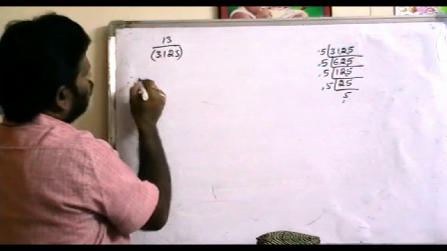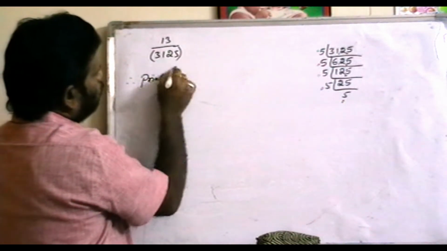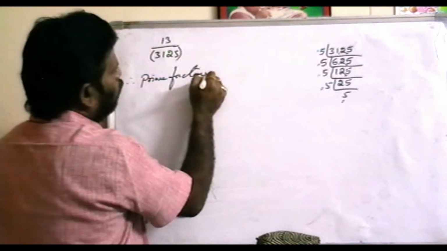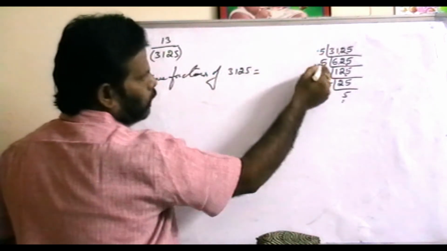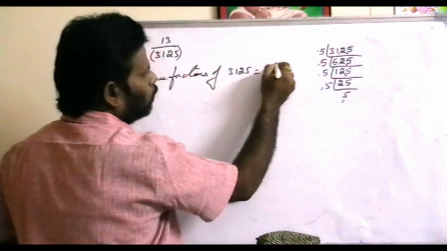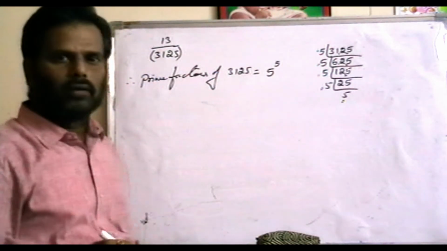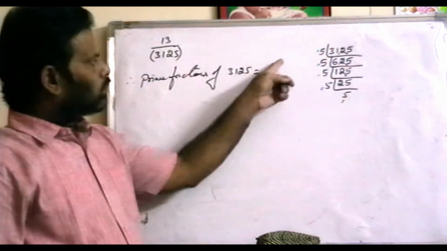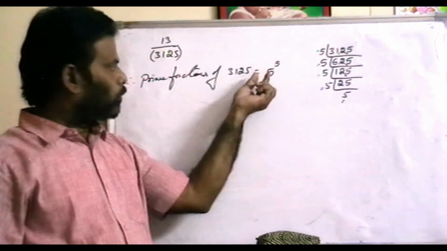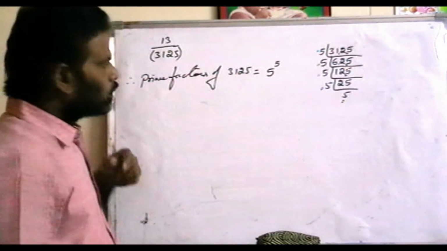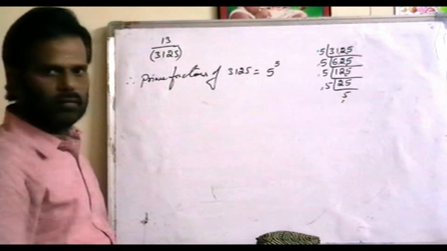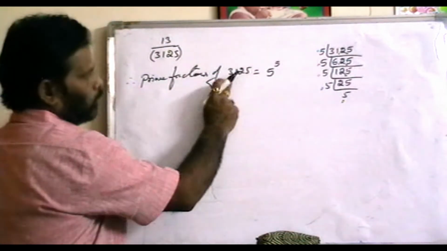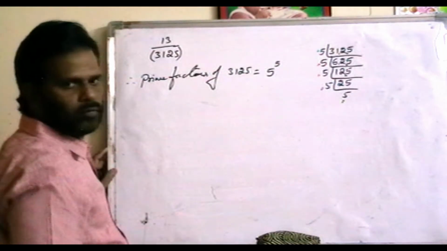Therefore the prime factors of denominator 3125 are 5 5 5 5 5 only, that means 5 to the power of 5. No problem, because the only prime factor is 5. So we can say that it is a terminating decimal.